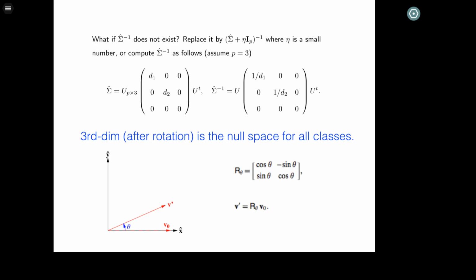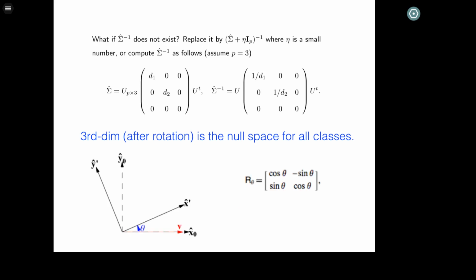That rotation, meaning the new v prime, is actually equal to a matrix times the original v0 vector. And that R matrix is a rotation matrix in 2 dimensions in the sense that every column of R is going to be of norm 1, and they are all orthogonal to each other.